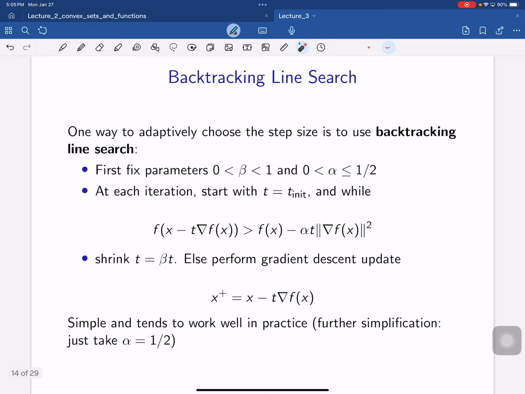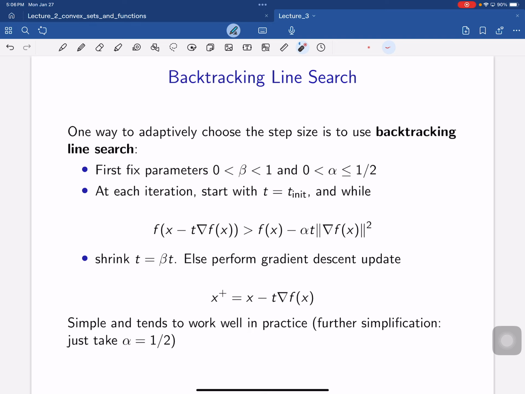In practice, most people use a method called backtracking line search. So what is a backtracking line search? You can think about this as a way of adaptively adjusting the step size. As we said, the high-level idea is if the step size is too large, the gradient direction may not even be a good direction.